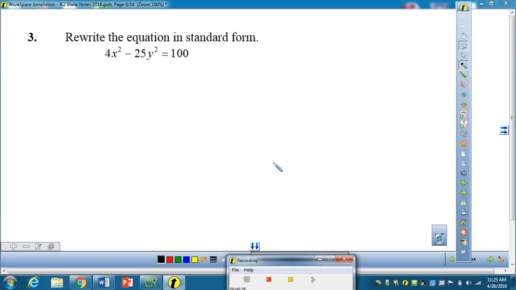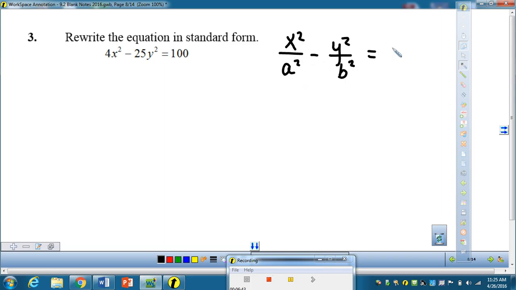Next, we're going to practice rewriting an equation in standard form. The standard form, when the x is in the front, is going to look like this. We need to have it set equal to 1. And so in order to get this side equal to 1, we are going to divide that by 100. If we do the right side divided by 100, we've got to do everything on the left side divided by 100.